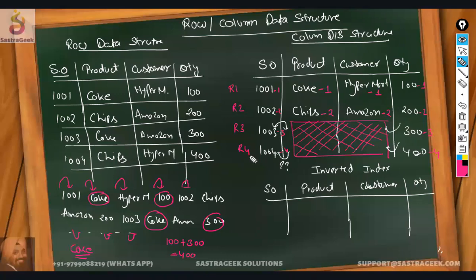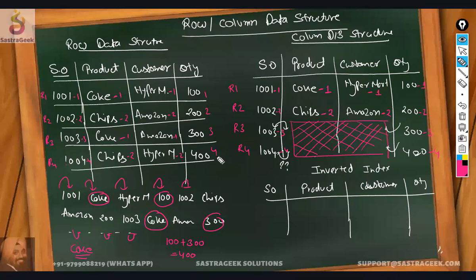To have a better understanding, I will write the same thing here also. R1, R2, R3, R4, and this is linked with the pseudo number 1, 2, 3, 4. Coke is 1, chips is 2, 1, 2. This I am just writing for understanding purposes. This is 1, this is 1, this is 2, 2, 1, 2, 3, 4.